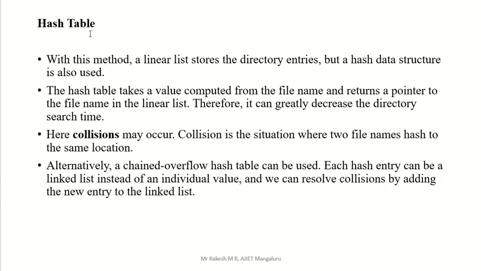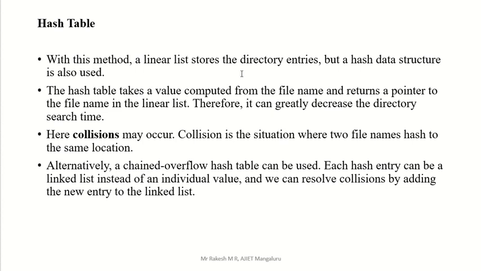The second thing is the hash table. With this method, a linear list stores the directory entries, but a hash data structure is also used. We saw one by one entries in the linear list, but here we are not going for one by one entries.